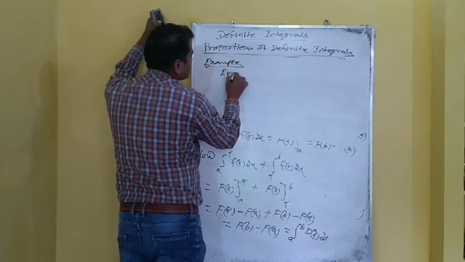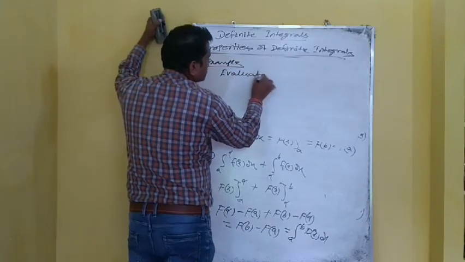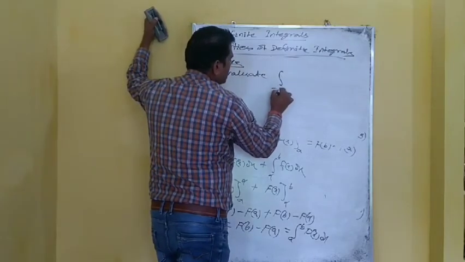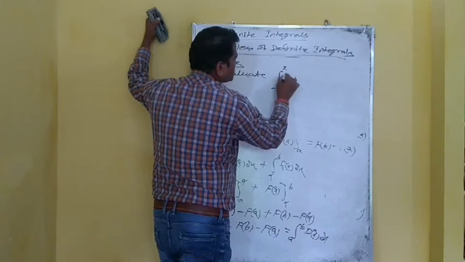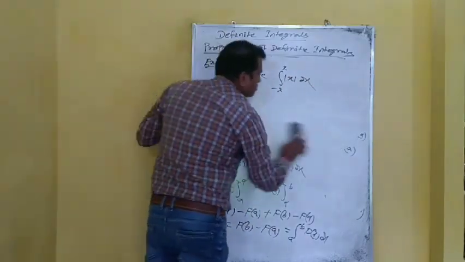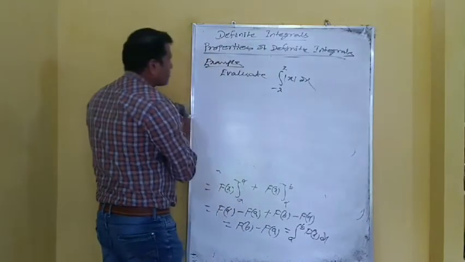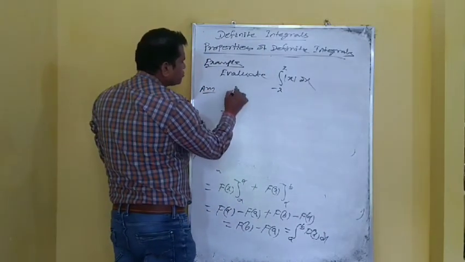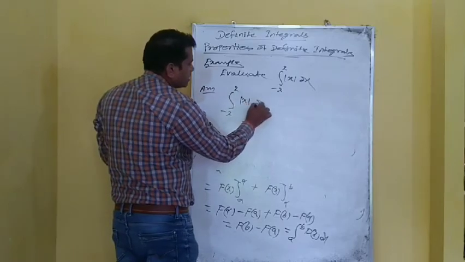Evaluate the integral from minus 2 to 2 of mod x dx. Answer: the integral from minus 2 to 2 of mod x dx.